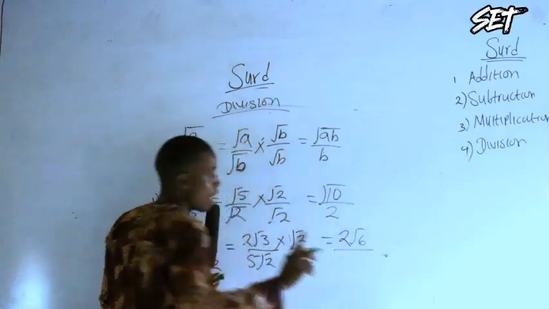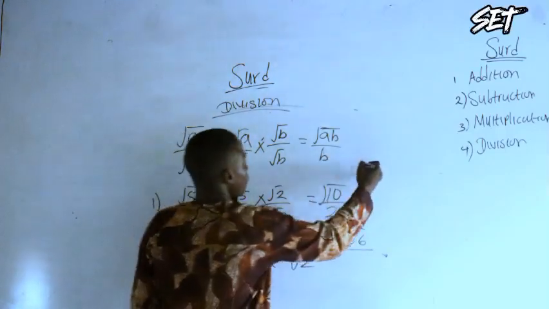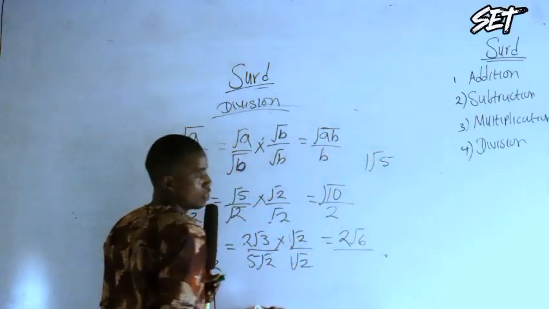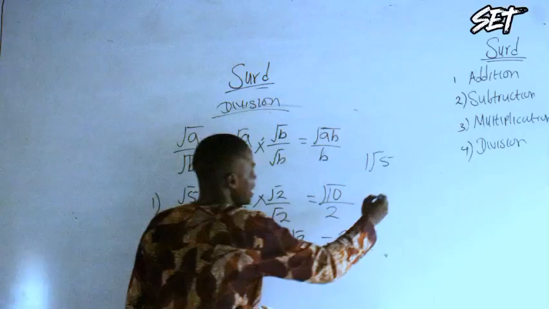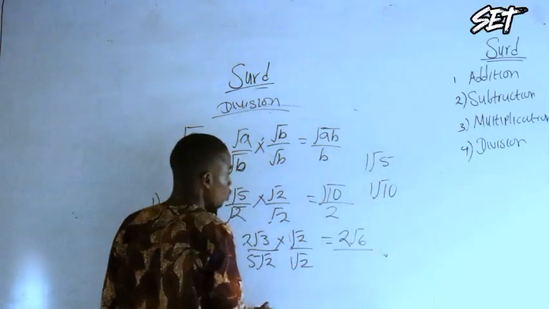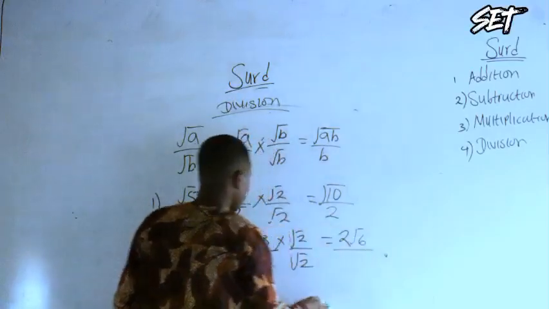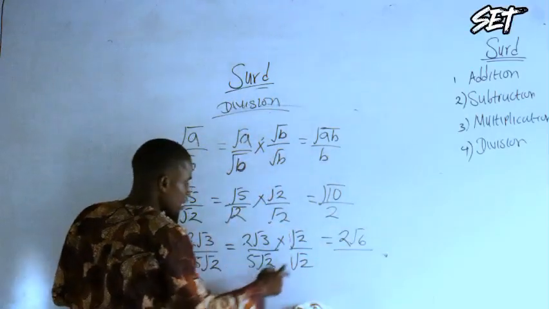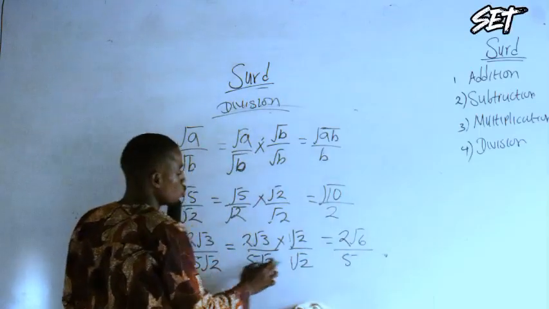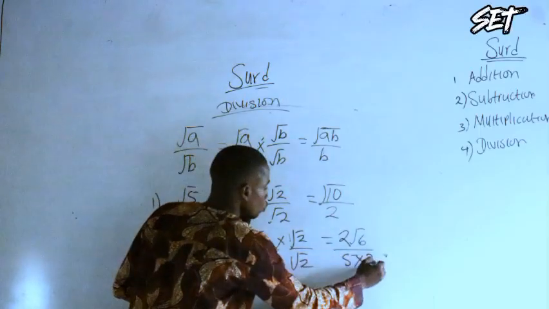Now this one has an invisible 5 times 1, 5. Now I want to give you something. When you have root 5 like this, you have an invisible 1 here. Any root they give us, whether it is root 18 or root 10, you have an invisible 1 here. Notice that. Now 5 times 1 is 5, and root 2 times root 2 is 2.